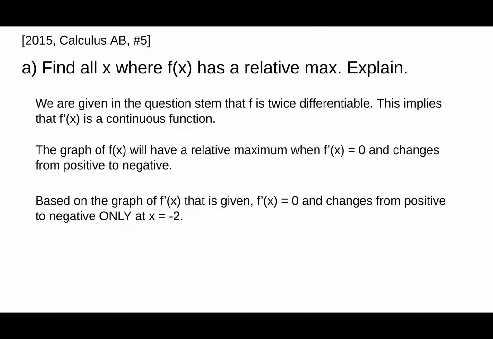So based on the graph of the derivative of f that's given, the derivative of f is equal to 0 and changes from positive to negative only at x equals negative 2. F prime is 0 in a couple of other places, but it doesn't change from positive to negative at any of those places except at x equals negative 2. So the only relative maximum for f is at x equals negative 2.